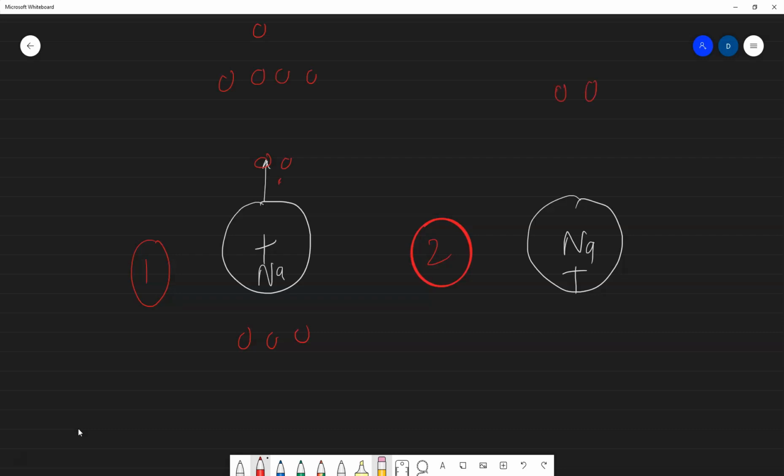Or is it possible that the next 8 electrons are here, or are they this far from the nucleus? And the last one, is it over here?